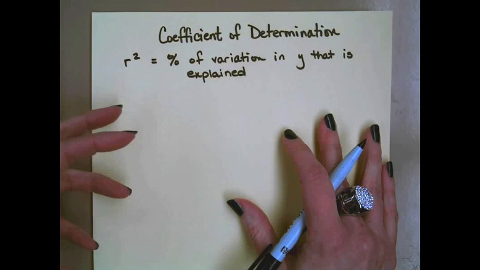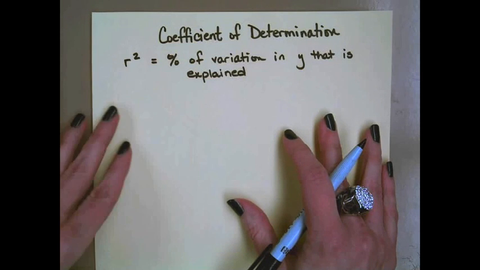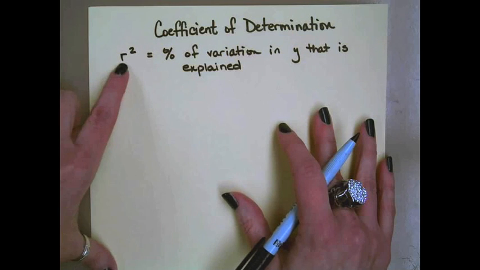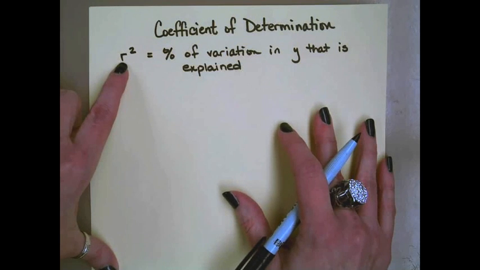How strong is the correlation? So in order to find the coefficient of determination, we're going to need to find r, right? The correlation coefficient.